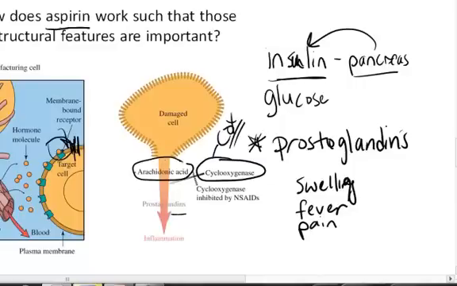But if aspirin binds instead, then the prostaglandin can't be produced, and so therefore you limit the swelling, the fever, and the pain. Alrighty, so that's how aspirin works. So somehow it is binding to a receptor, or to the active site of the COX enzyme.